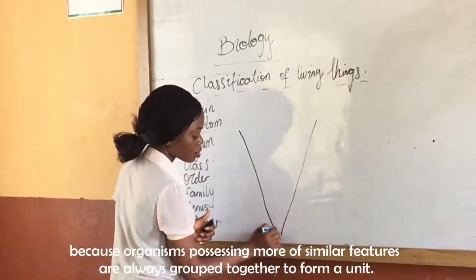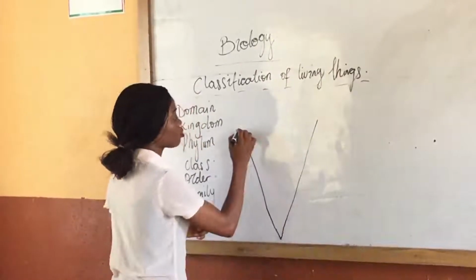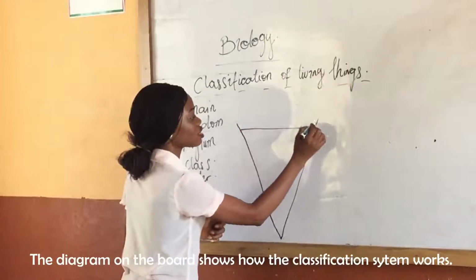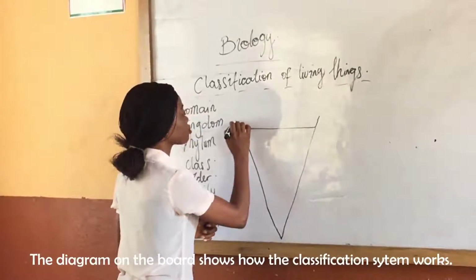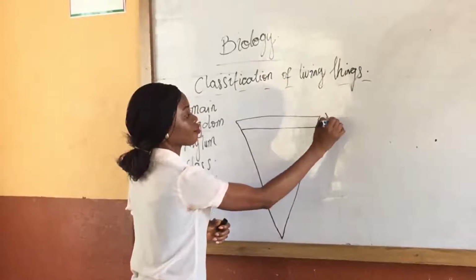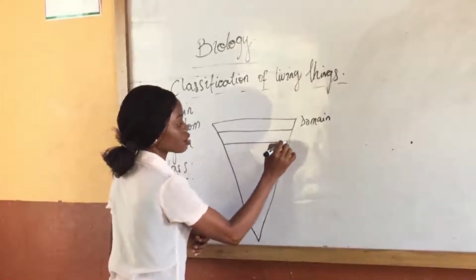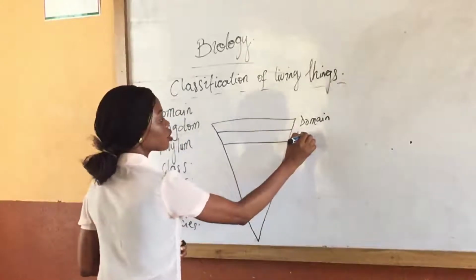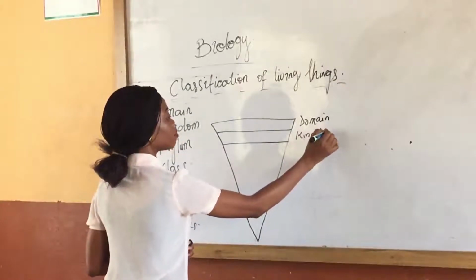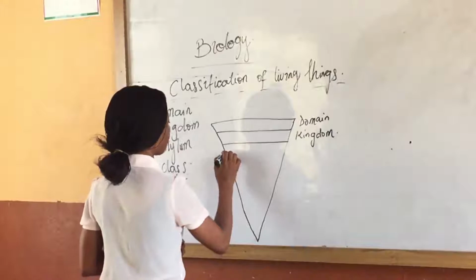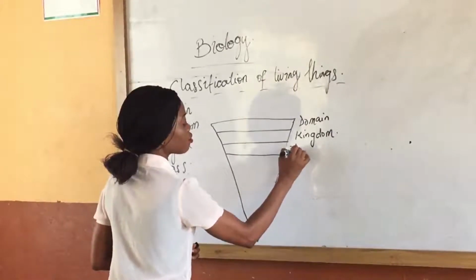Now as we keep going, they become smaller. They become what? Smaller. Okay, so we'll have large organisms in the domain. After a series of grouping based on similar features, we come down to what? The kingdom. Then the phylum.